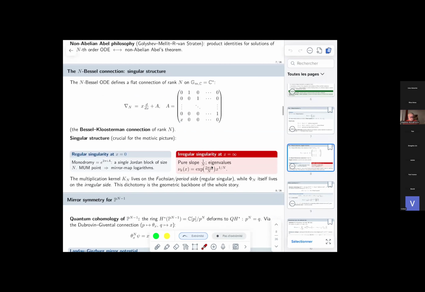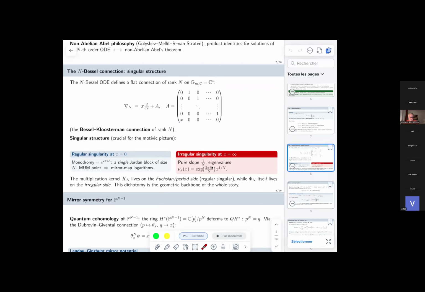Of course, the regular singularity at the origin is very easy to study because this origin is a kind of maximally unipotent monodromy point, and it means that the solution has a very simple monodromy at this point. Monodromy contains only one Jordan block of maximal size n.